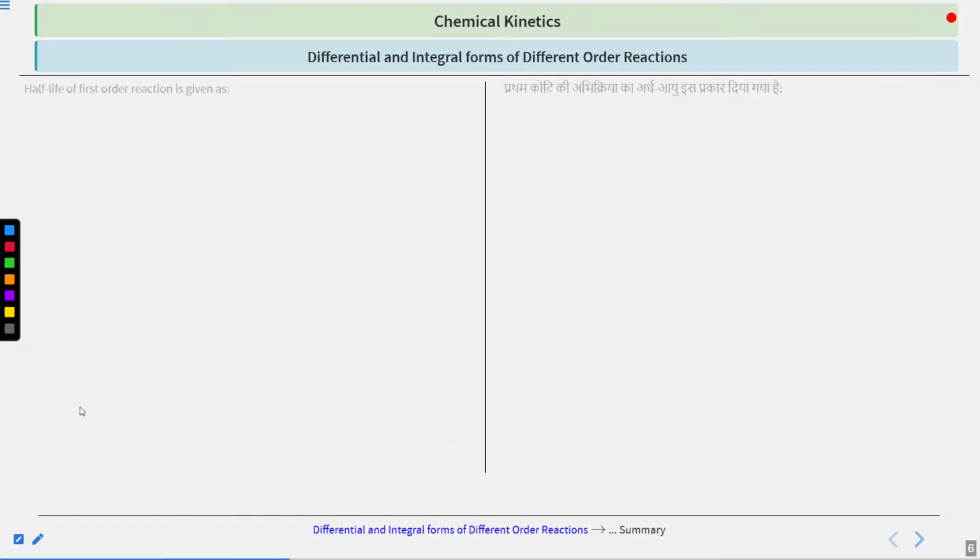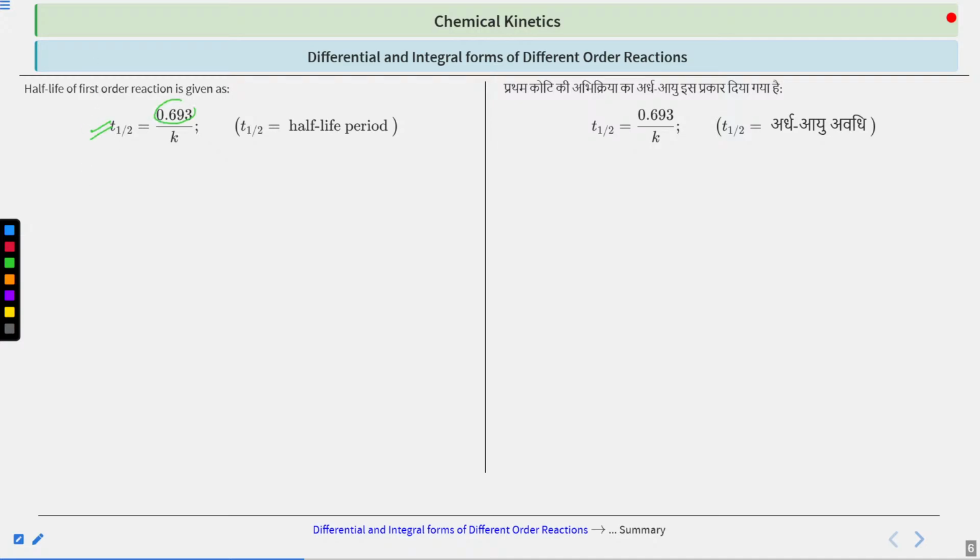Next is the half-life of a reaction. What is the half-life of a reaction? The time required for the initial concentration to fall to half of its value is called the half-life. We have seen this in the previous class also. Now the important thing is that for a first order reaction, the half-life is given by t half equals 0.693 by k.